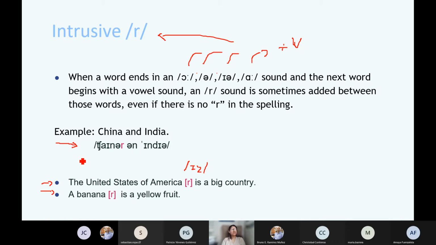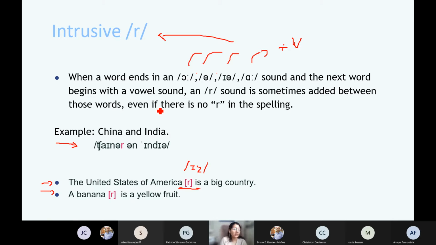I was going to say it's easier for you if you pronounce the word in which you are going to pronounce the linking R, the intrusive R, as only one word. So it's easier for you to say "America is" linked, instead of separating them.